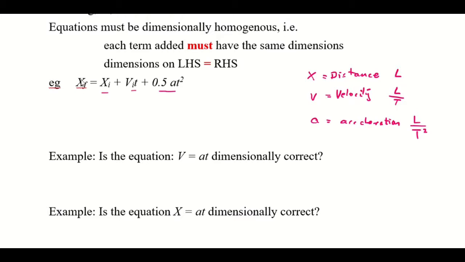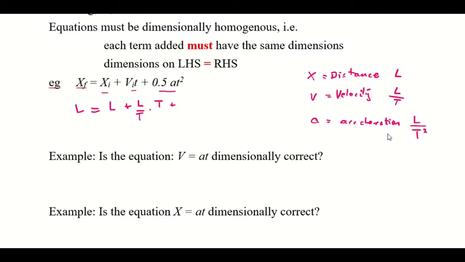Now, if we look at the dimensions of x, which is a length, we would write L, and this is an L, and speed is a distance over time, and t is time, and we have a 0.5. Now the constants have no effect over here, so we can just leave it.